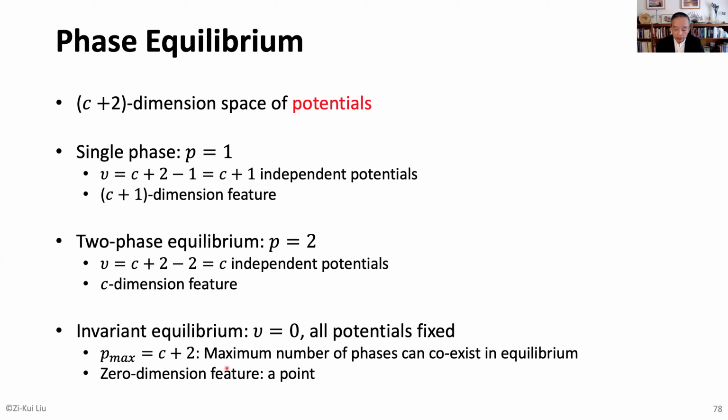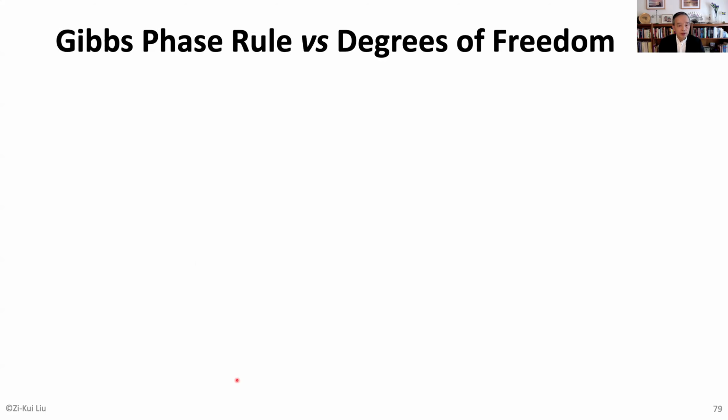The maximum number of phases that can coexist in equilibrium in a system is C plus 2. There are no independent potentials anymore, the potentials are fixed, so you get a zero dimensional feature. That's the point in the C plus 2 dimensional space of potentials.